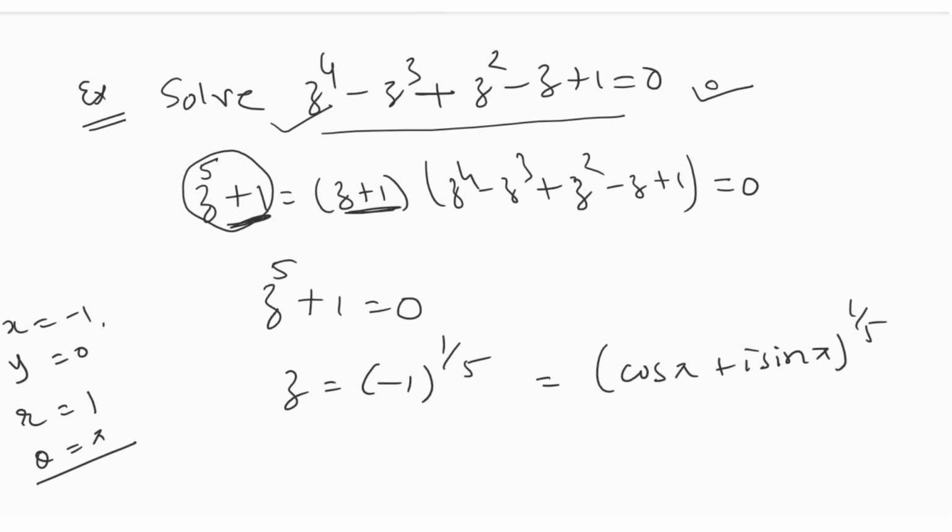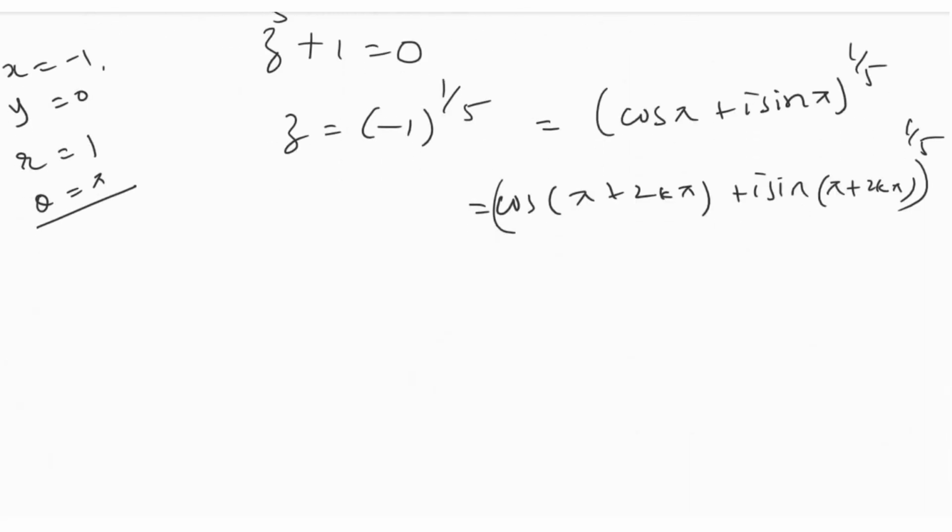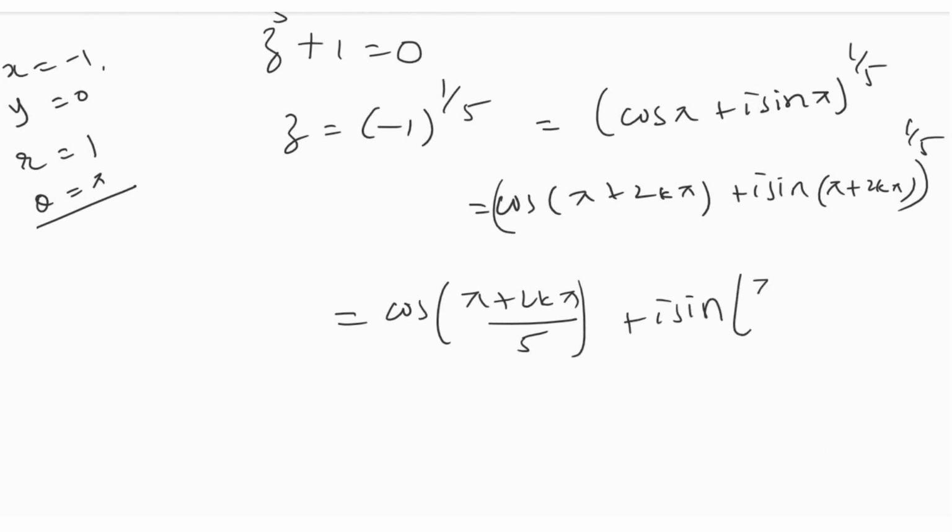So we can write (cos(pi plus 2k pi) plus i sin(pi plus 2k pi)) whole power 1 by 5, and that we can write as cos((pi plus 2k pi) by 5) plus i sin((pi plus 2k pi) by 5).